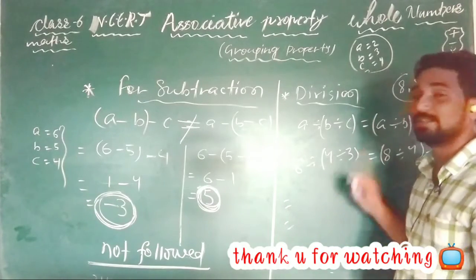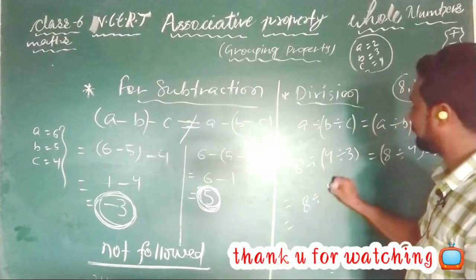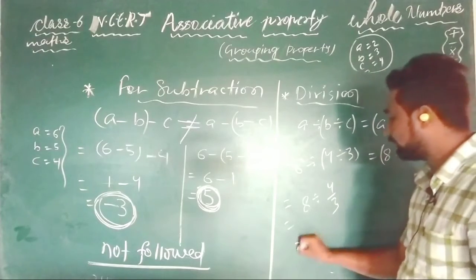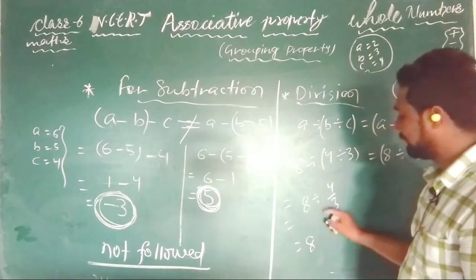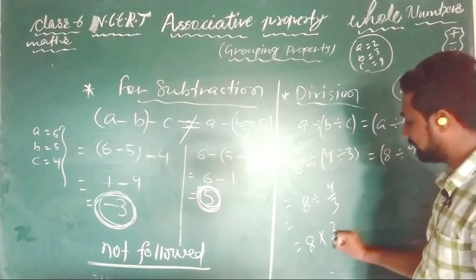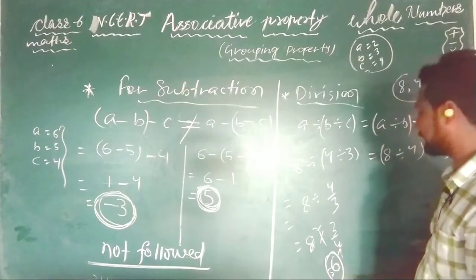If you divide 4 by 3, it will never divide evenly, it will come as a fraction. So 8 divided by 4 by 3. Now the division sign becomes multiply and the reciprocal will be there. So 3 by 4, 4 twos are 8, the answer has come 6.